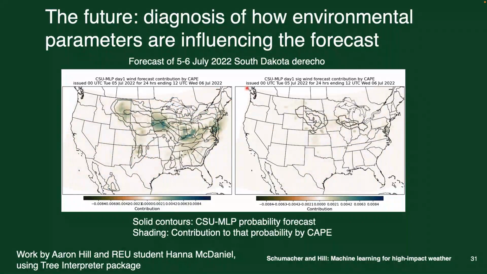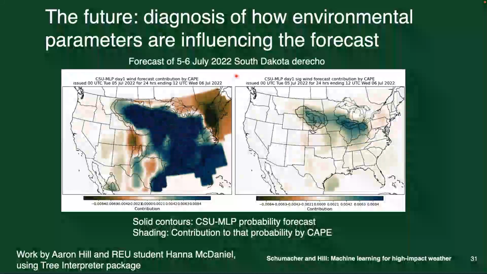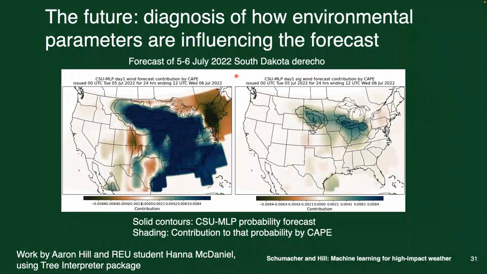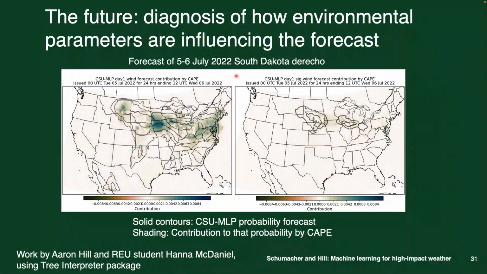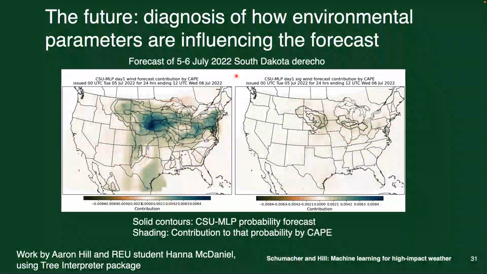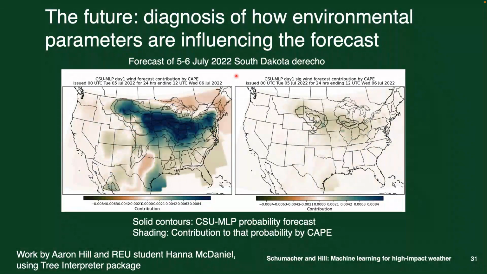So you can see throughout the daily forecast period, the importance of CAPE changes, as you would expect, as the diurnal pattern changes. CAPE is highlighted more in the afternoon, but it also covers almost the full extent of that forecast area. And so we can start to plot and look at this information for forecasters.